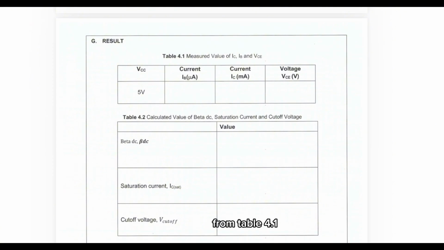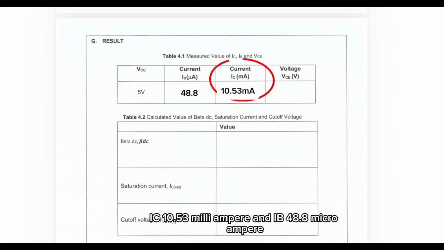Conclusion step: from table 4.1, IC is 10.53 microampere and IB is 48.8 microampere.